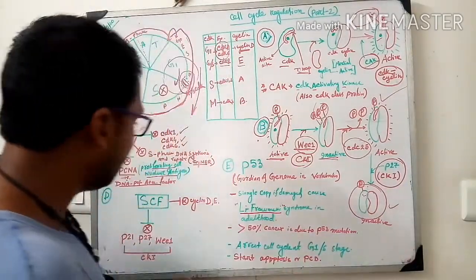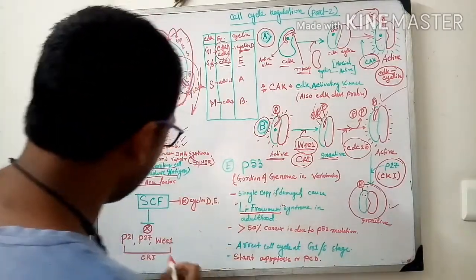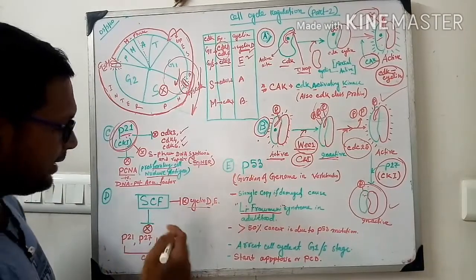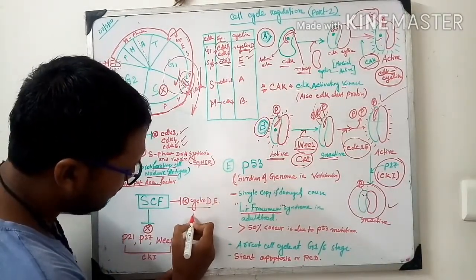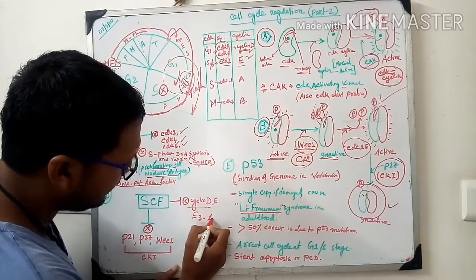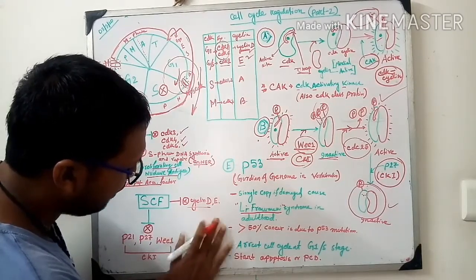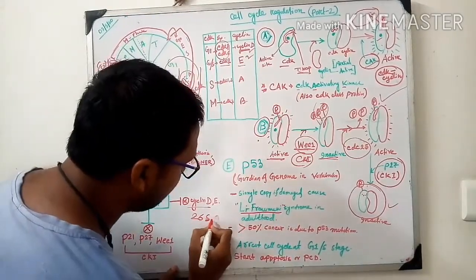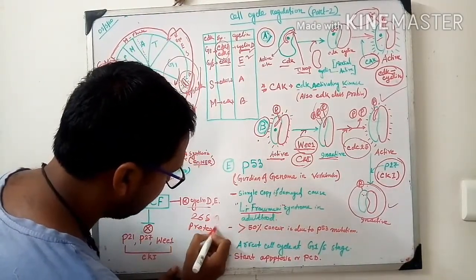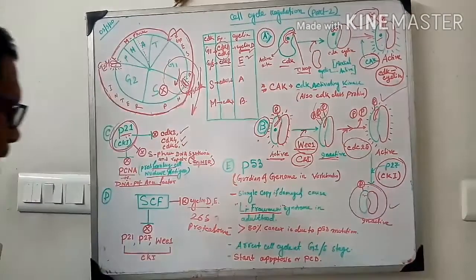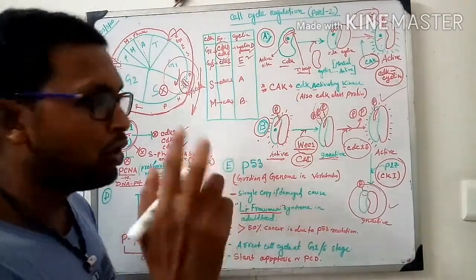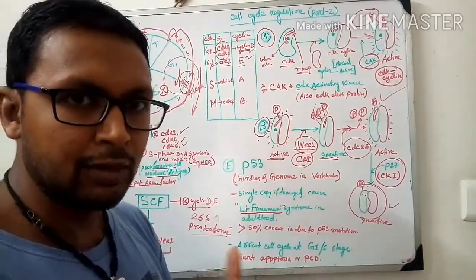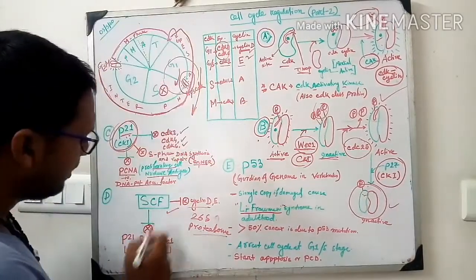Another important protein is SCF. SCF protein inhibits cyclin D and cyclin E, and it is actually an E3 ligase. Sorry, its function is through the 26S proteasome, by activating the 26S proteasome. In the cell cycle, two proteins of this kind function with the 26S proteasome: SCF and APC/C.